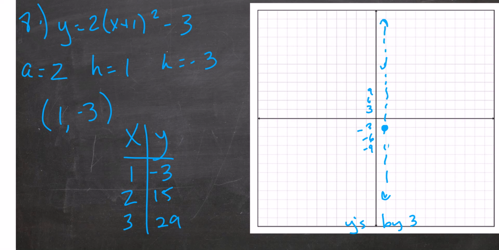I'm going to go over 2 up to 15. And I'm going to go over 3 up to 29. So right there, I'm going to reflect it. And that's it for 8.